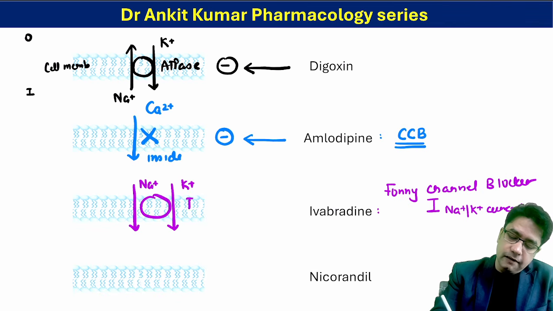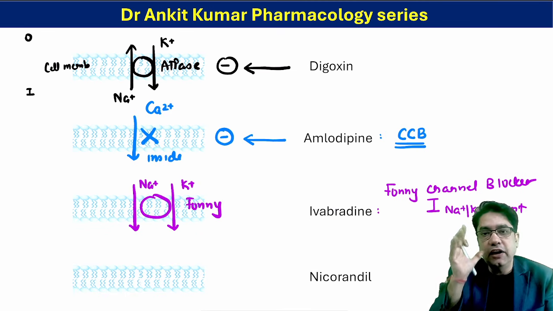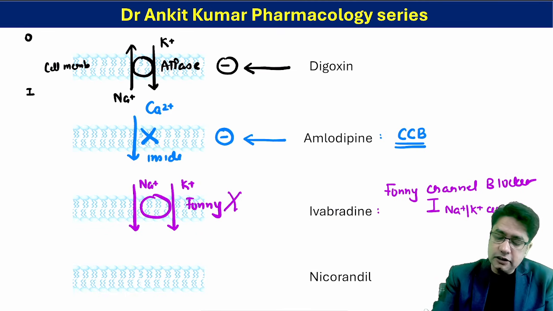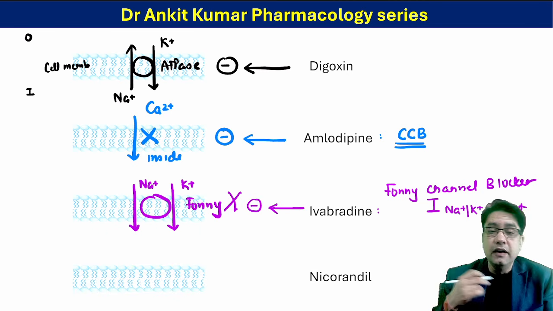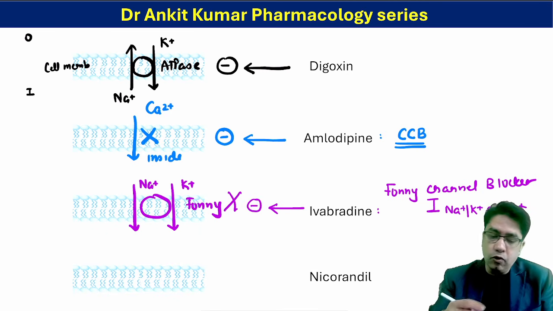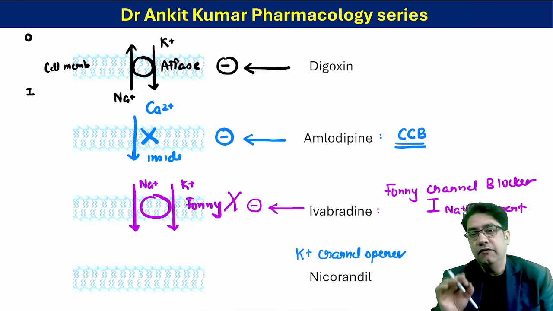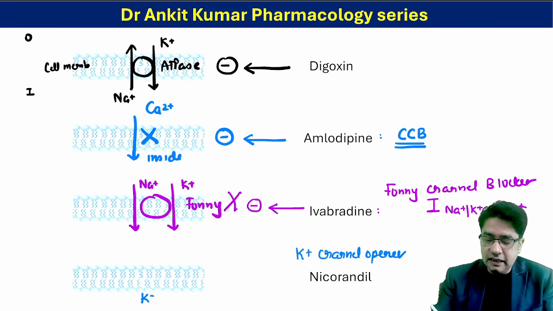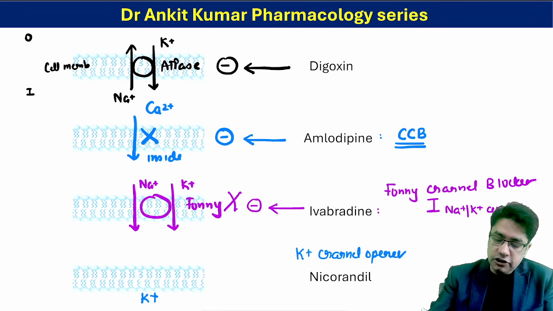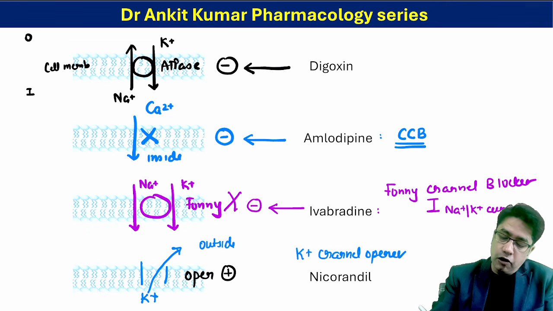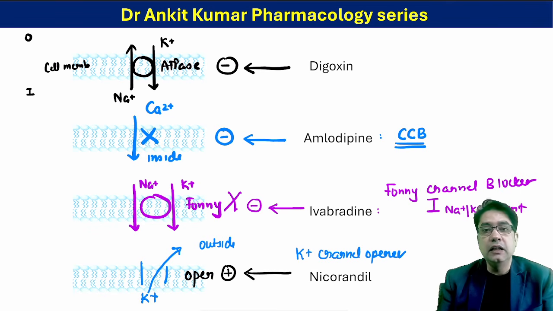So this funny channel leads to depolarization or firing of the SA node, and this channel is blocked by ivabradine. Another drug for angina is nicorandil. Remember, nicorandil is a potassium channel opener. Understand that when the cell is not working, inside the cell we have more potassium, and this potassium moves outside. So this is the potassium channel, and it is not blocked but opened by a drug known as nicorandil.